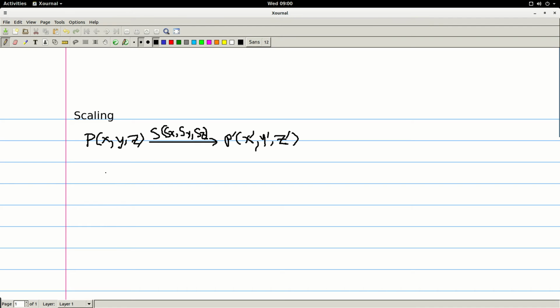What we try to find out over here is how do we calculate x prime. We do that with x into Sx, y prime equal to y into Sy, and finally z prime equal to z into Sz. Is that clear?